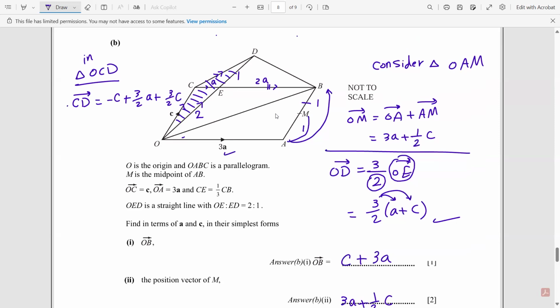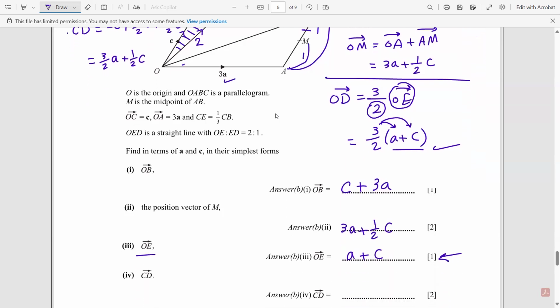Just I multiply 3 halves into A and C together. So now I have 3 halves A, and the negative C plus 3 halves C is simply half C, because it's negative 2 over 2, is it? Yes. So the answer of CD is 3 halves A plus half C.